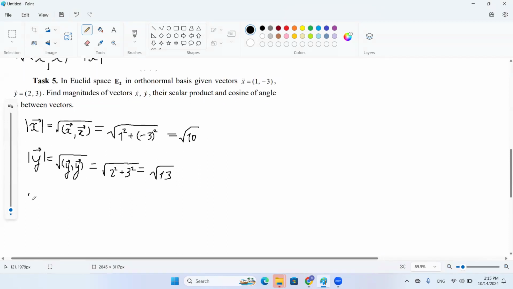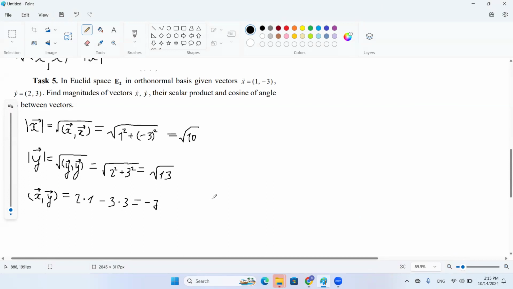And the scalar product of x and y equals 2 by 1 minus 3 by 3, and it equals 2 minus 9, minus 7.